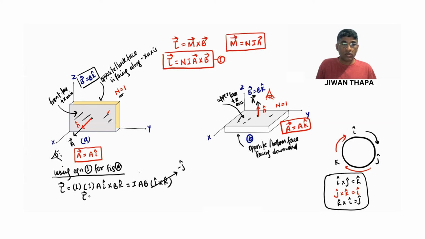Therefore we can write torque tau equals B I A times minus j cap.